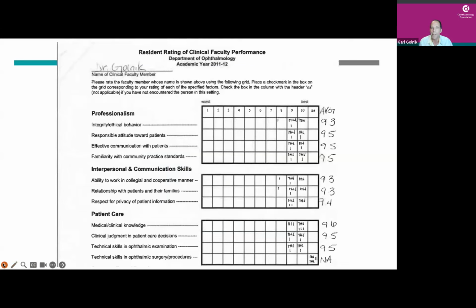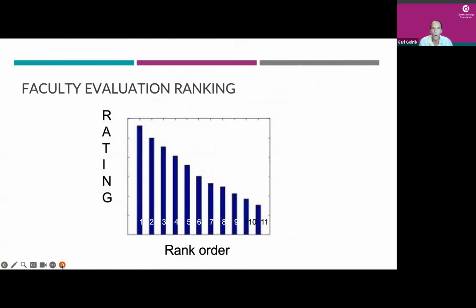Very unusual that residents would give faculty scores down here somewhere. So the problem is that the scores are kind of, inflated isn't the right word, but some of the faculty, the poorer faculty, would have an average score of like 8 and think, wow, I'm an 8, that's so great. But everybody else had 9 or 9.5 or 8.5.